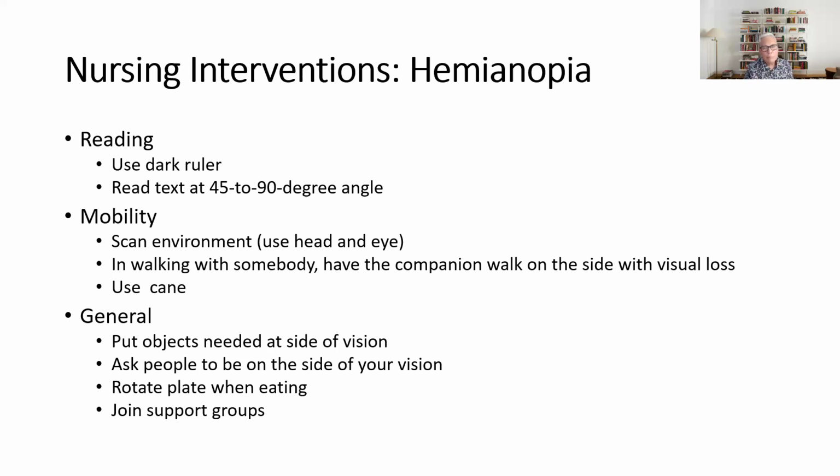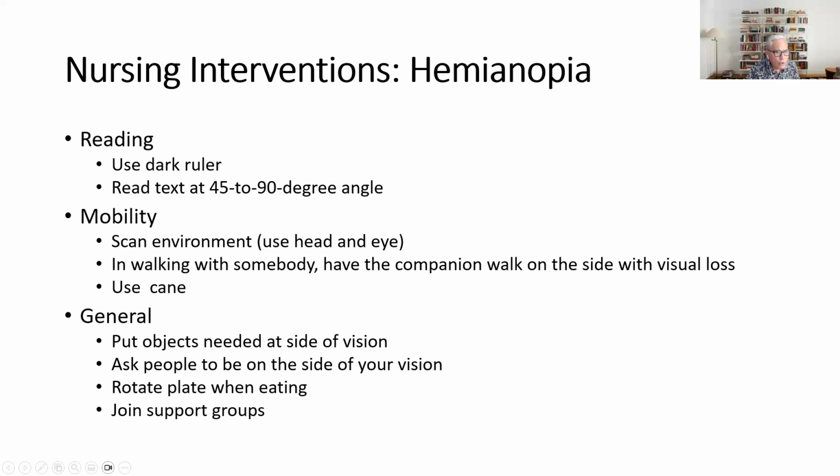In general, always put things that are needed at the side of vision. And of course, teach the patient to ask people to be on the side of their good vision. Sometimes they might not see the other side of the plate, so when they eat, half of the plate is eaten, but the other half is left uneaten.